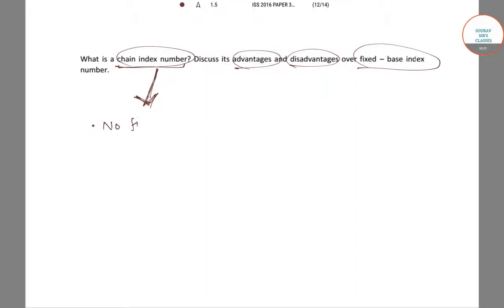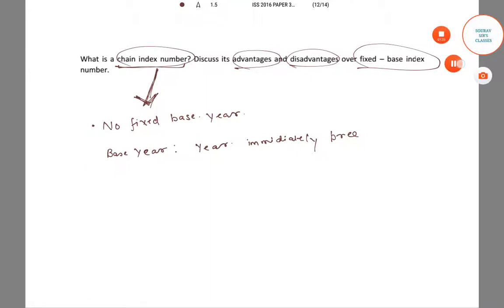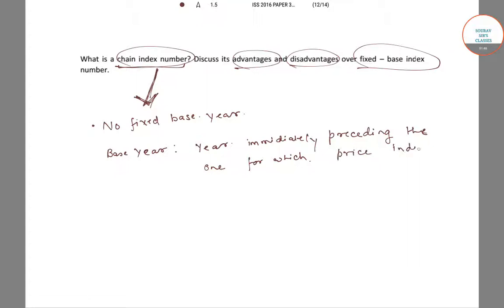So it has no fixed base year, and the base year is taken as the year immediately preceding the one for which the price index has to be calculated.